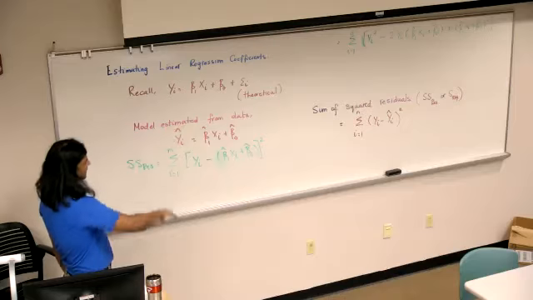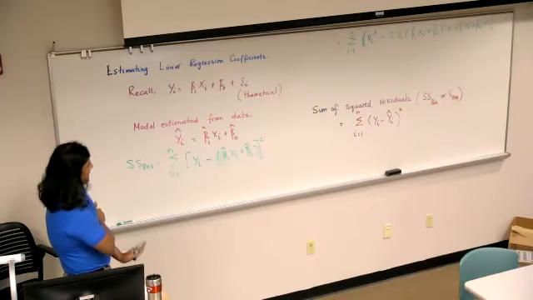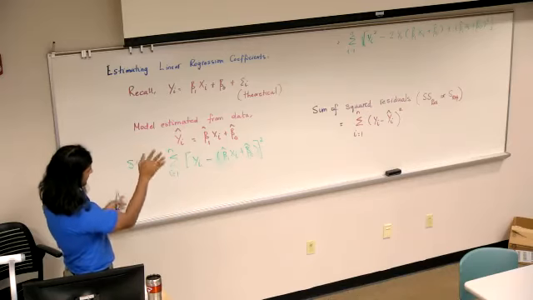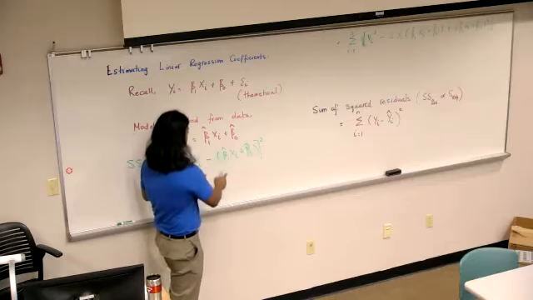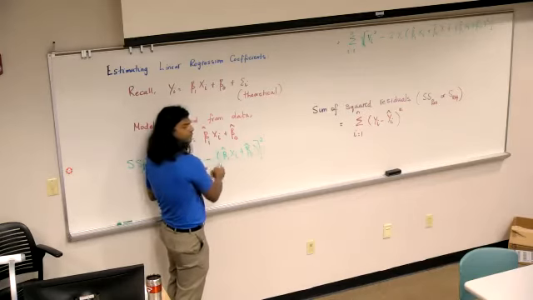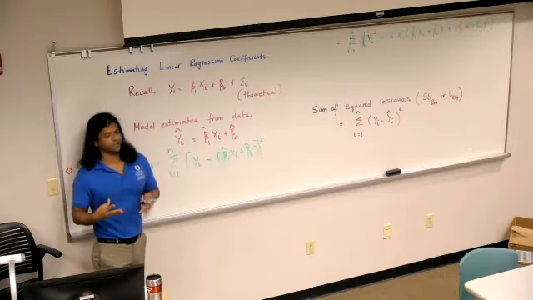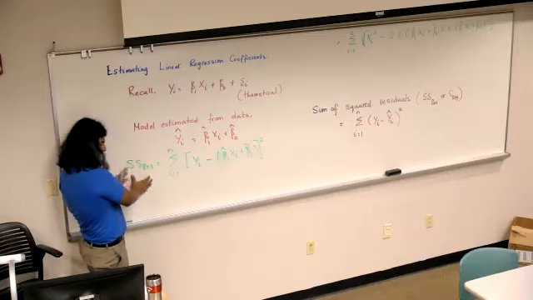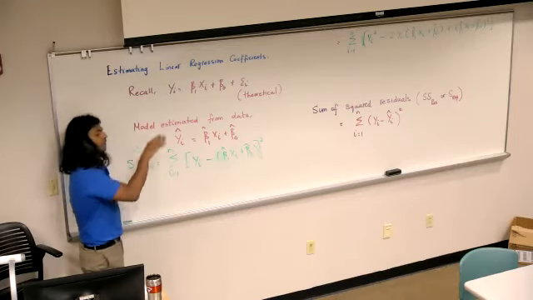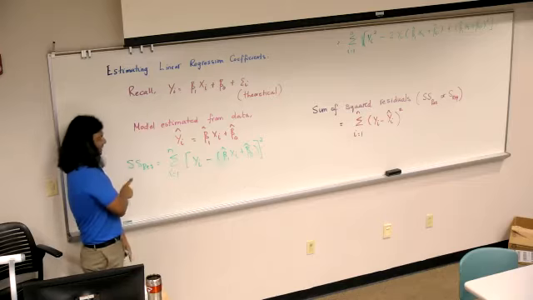I have the sum of squares, I've expanded it, and I have that expression. But our goal is to evaluate those two values. We have to come up with those two values so that the net value is minimized.